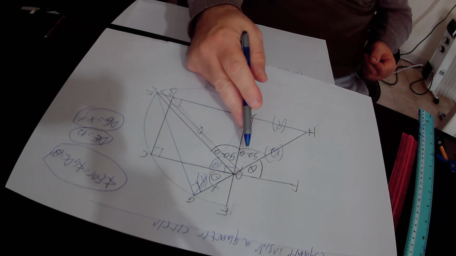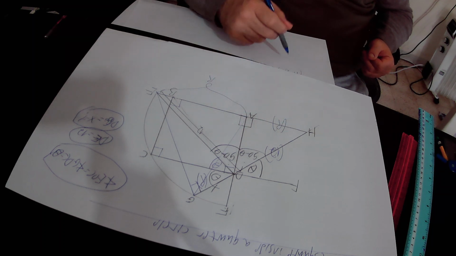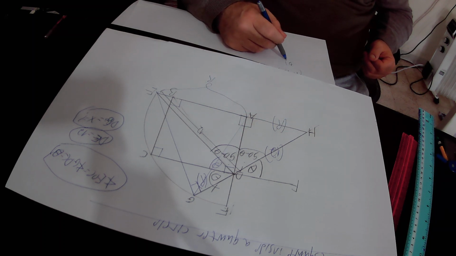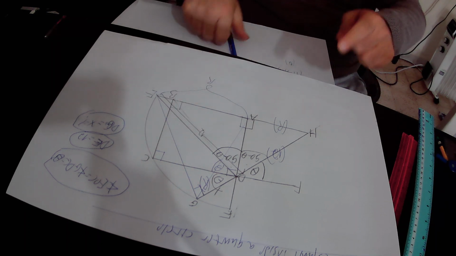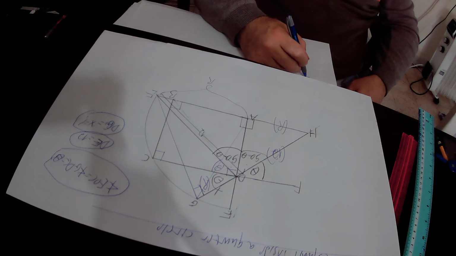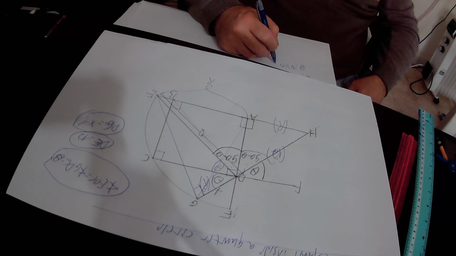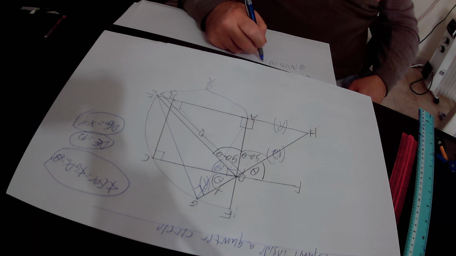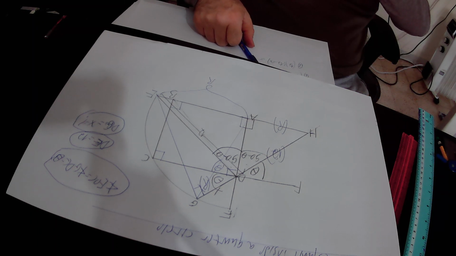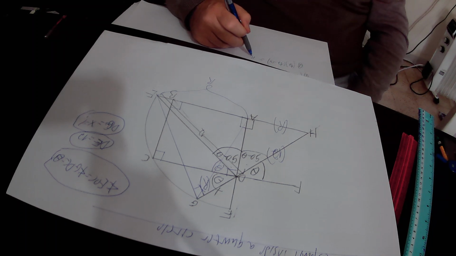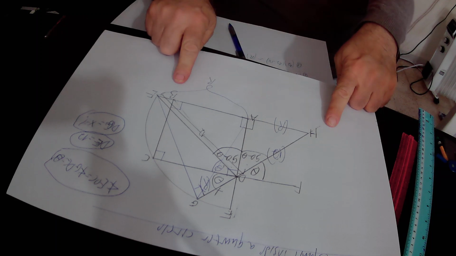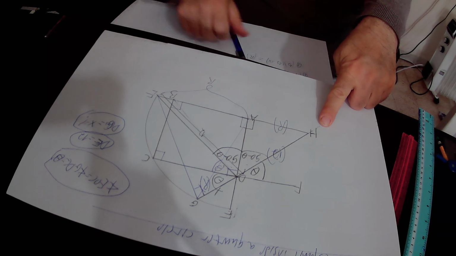Edge D equals 12, edge G equals 12 plus x, equals edge A, that is R, times edge B, that is R plus R, that is 2R.